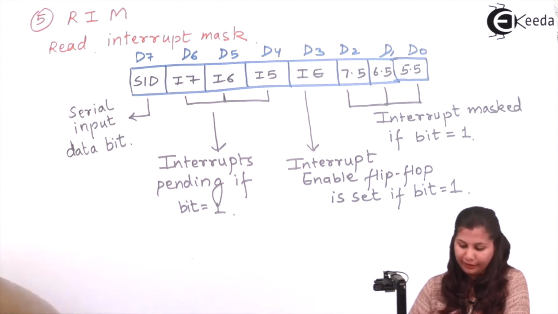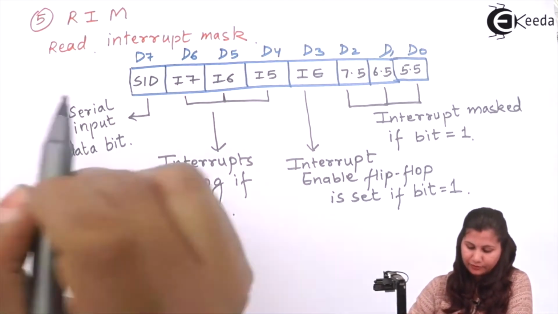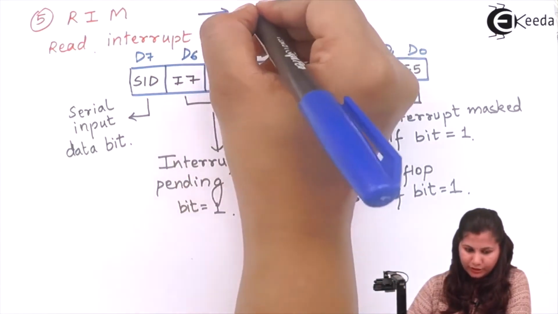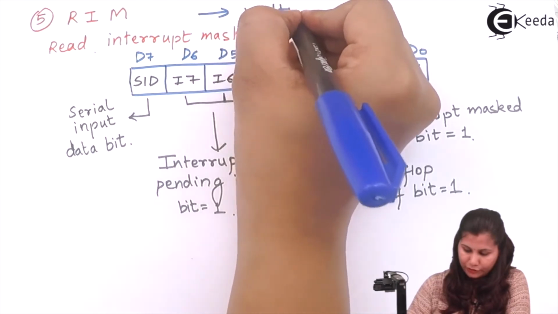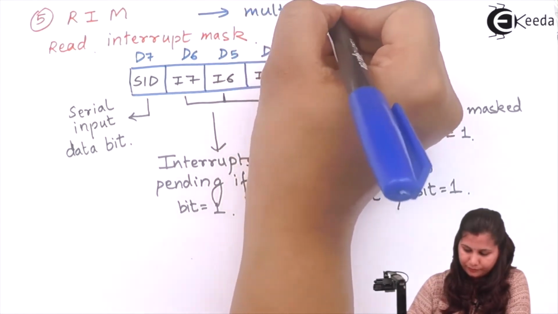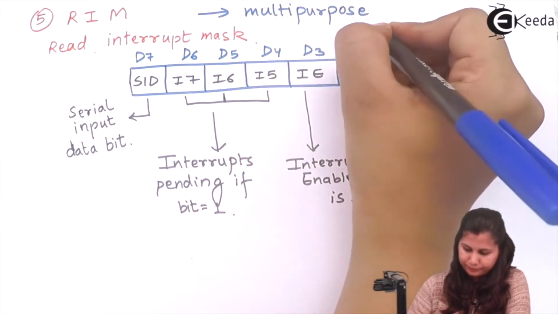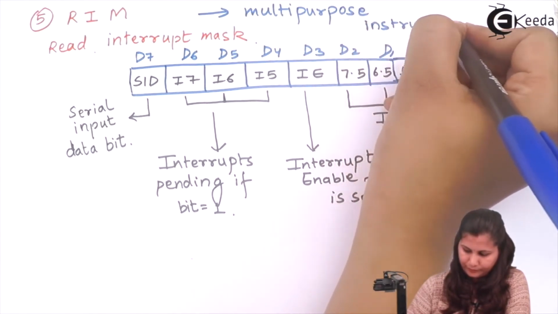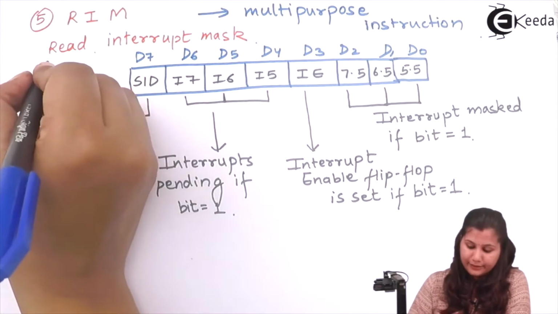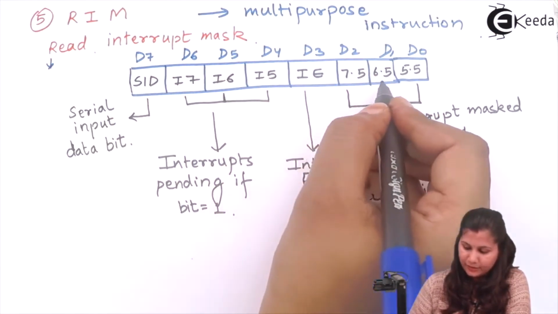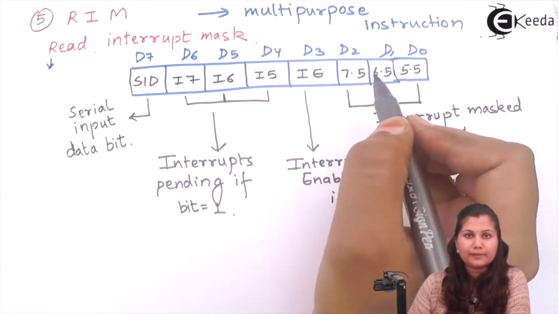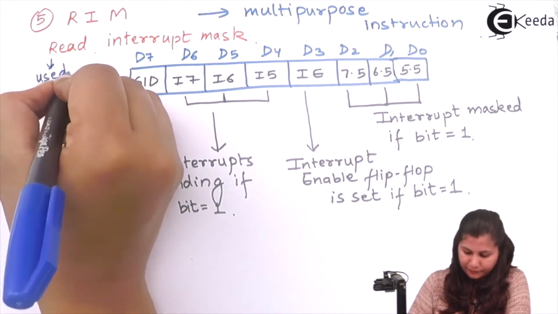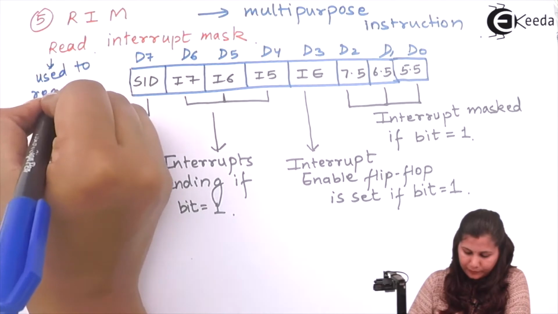So we can say that this instruction is a multi-purpose instruction. And it is used to read the status of the 3 interrupts, RST 7.5, 6.5 and 5.5.